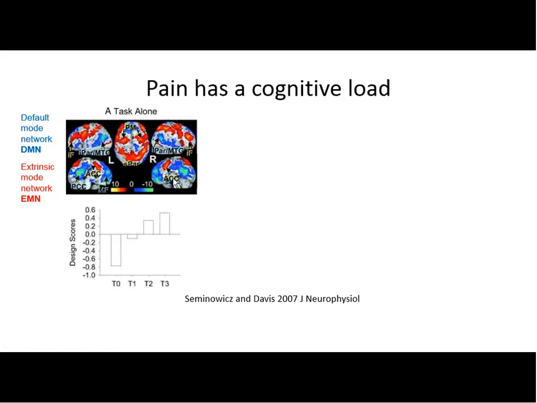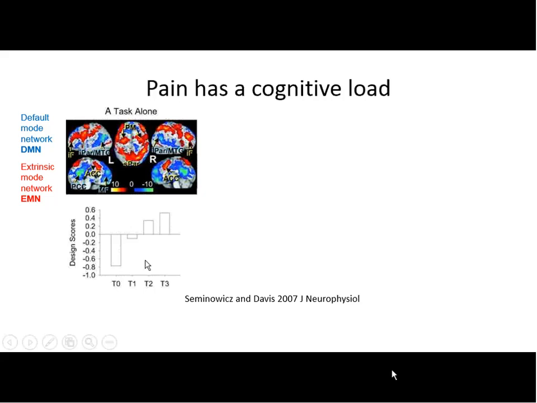So these two work in opposition. Usually one is activated and the other is not. At rest, when your mind is off, the default mode network is activated and the red extrinsic network is turned down. Once you engage these attentional systems, you activate the extrinsic mode network and deactivate the default mode network.